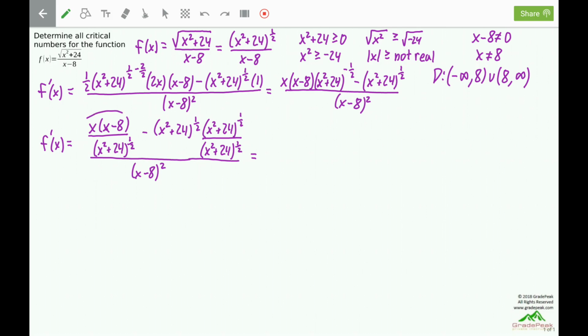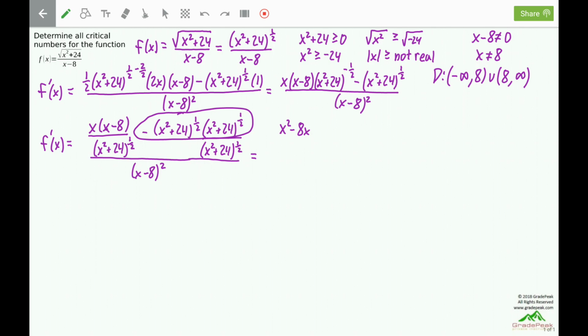The numerator of the first term, we can distribute that x in, so that will be x squared minus 8x. The numerator of the second term is negative of the quantity to the 1/2 times itself.